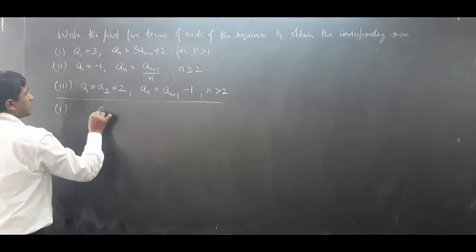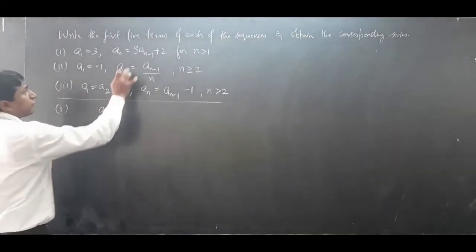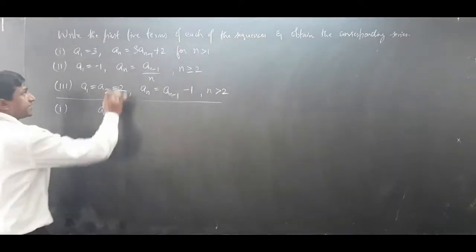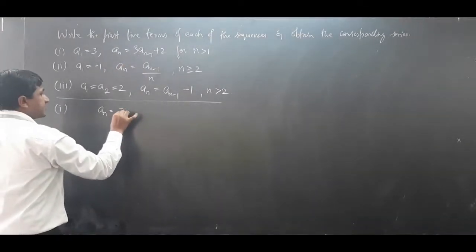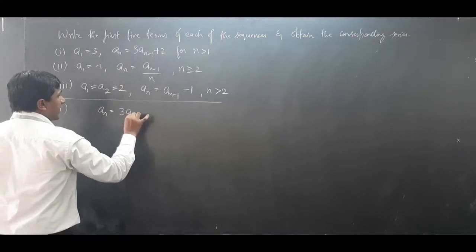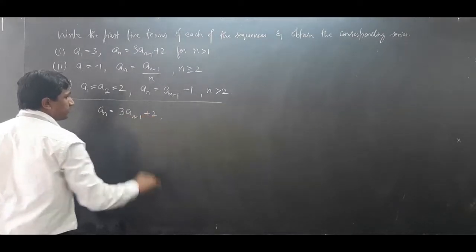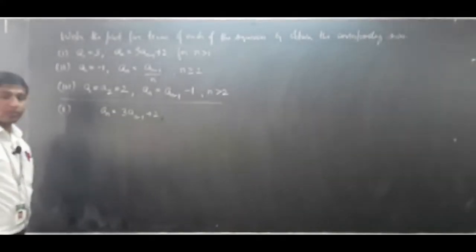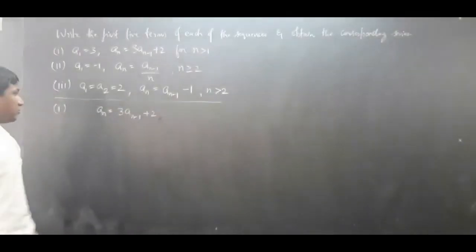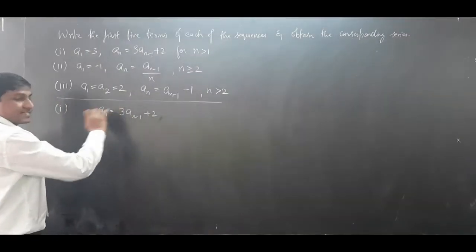So we will use the general formula for the sequence, an equals 3 into an minus 1 plus 2. We need to find out the second term, a2. How do we find out the second term a2? I substitute n equals 2 in this formula.